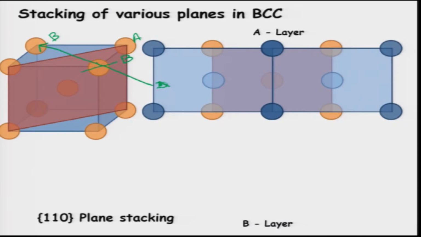As you can see, the blue atoms are representing one layer and the brownish or reddish atoms are representing the other layer, and their overall distribution is similar, just that they are displaced by half of this length.